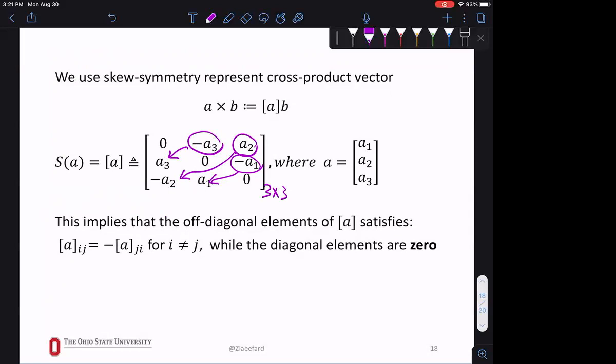This is useful when we are trying to find the velocity of our mechanism, and we have to find the derivative of the rotation matrix and perform some cross products there. Instead of doing a cross product, we convert it, which is easier computation and easier to perform. This is why I mentioned it here, because it is connected to the cross product, but you'll see the application once we get to velocity kinematics.